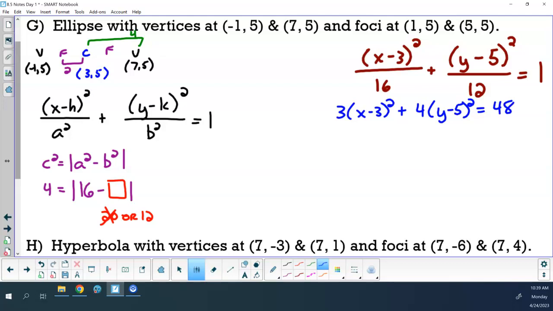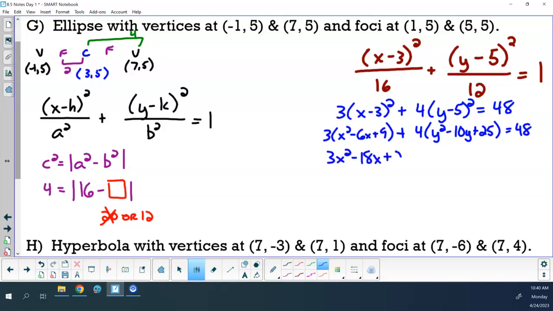Then we have 3x squared minus 18x plus 27 plus 4y squared minus 40y plus 100 equaling 48.